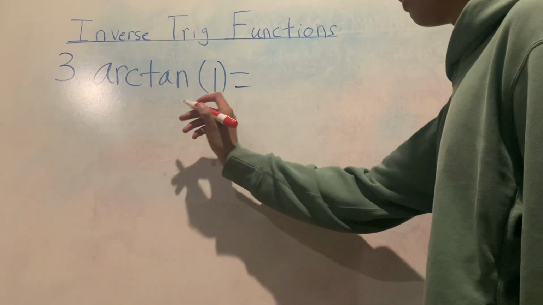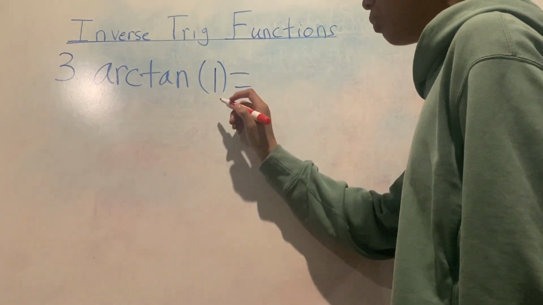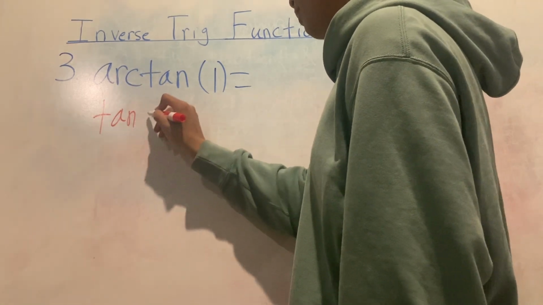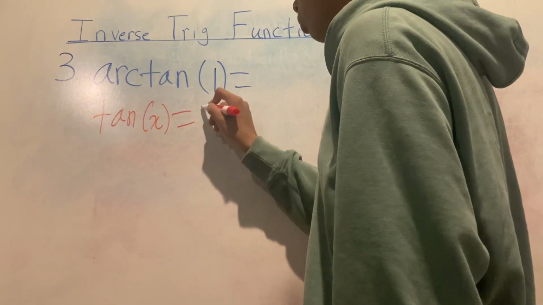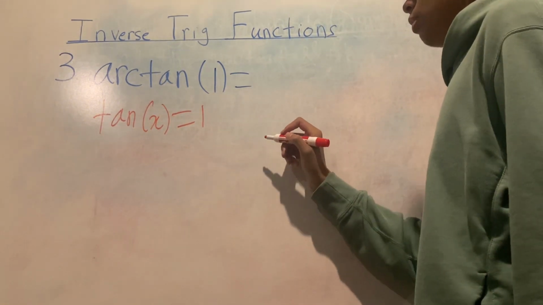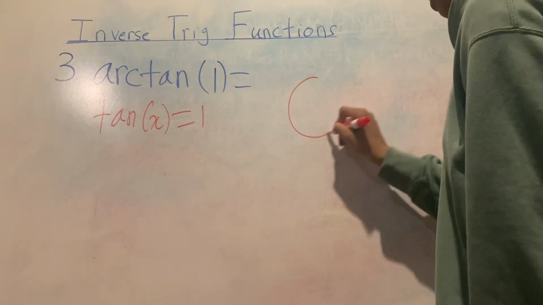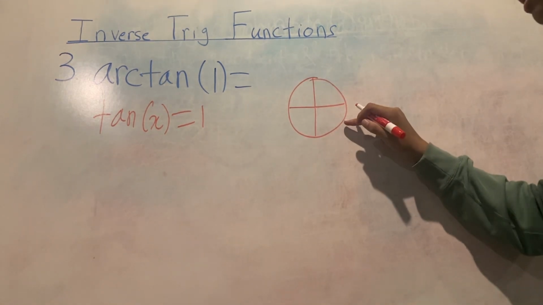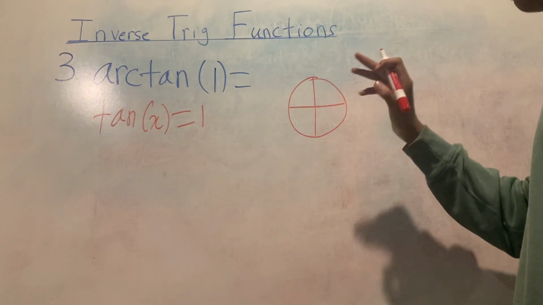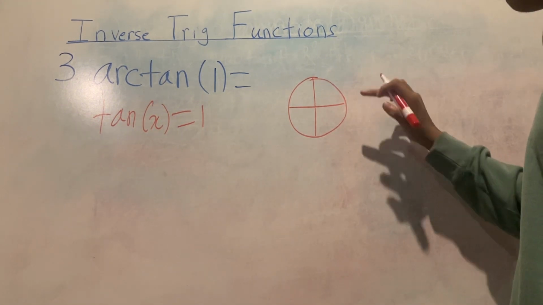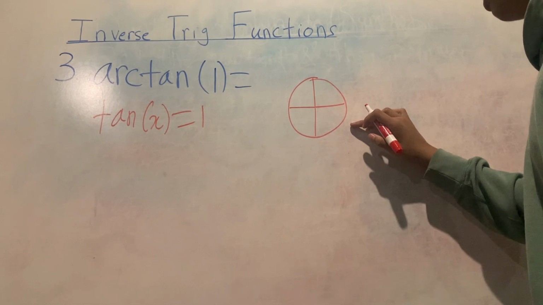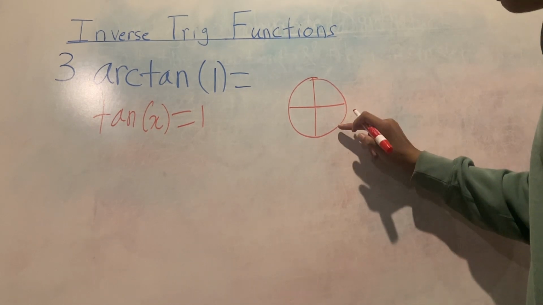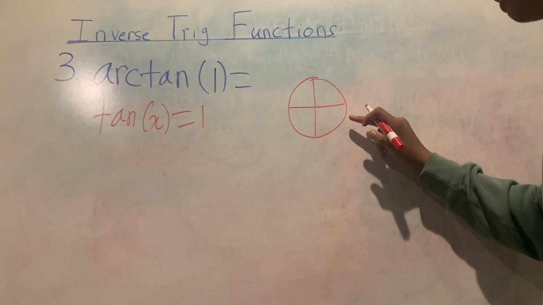Alright, number 3, we have arc tan of 1 equals what? Let's write it this way: tan x equals 1. If you remember, arc tan has the same domain as arc sine, which is quadrant 1 and quadrant 4. So we have to find an angle that makes tan equal to 1 in quadrant 1 or quadrant 4. We know quadrant 4 can't be the answer because it's positive, negative, so we can't get a tan of 1 from that.